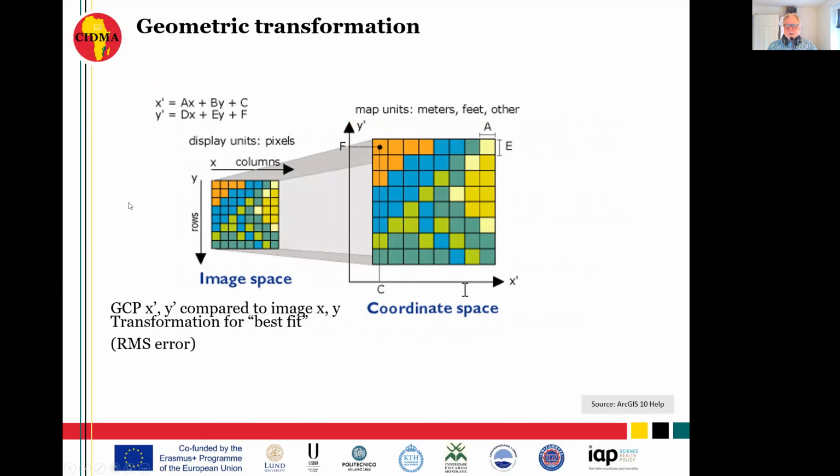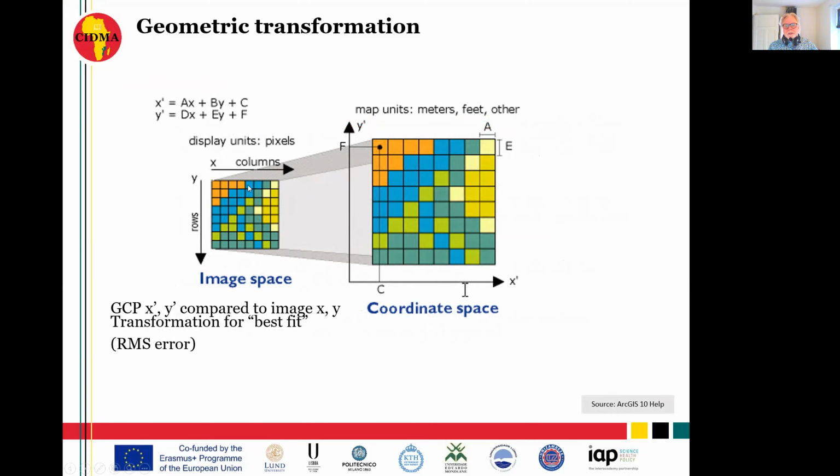We have here a satellite image that doesn't have any coordinate system. It's unknown. So it just has columns and rows. So all cells have a coordinate system in the image space only.